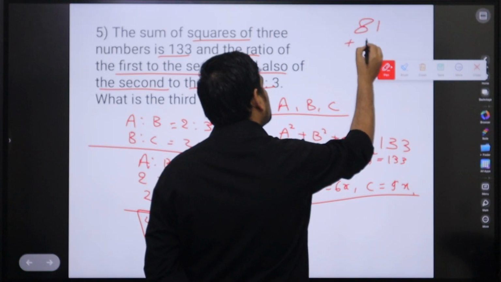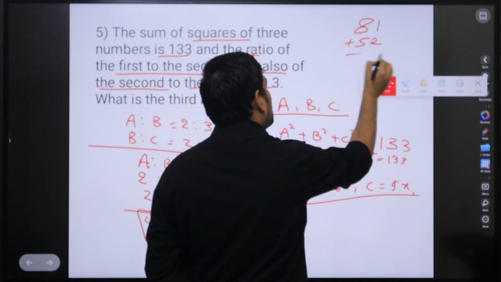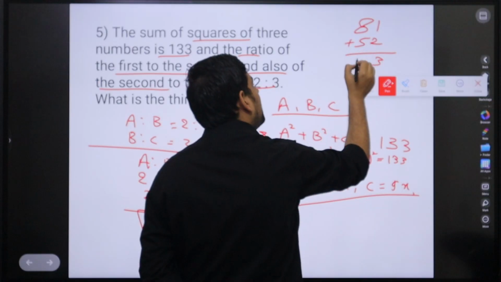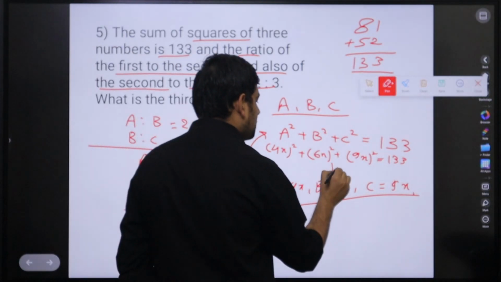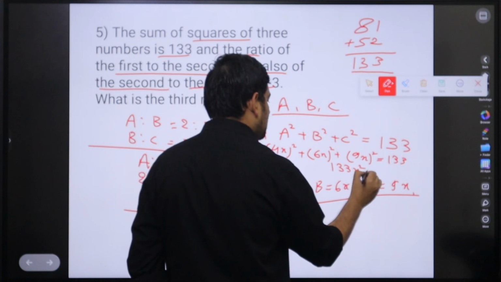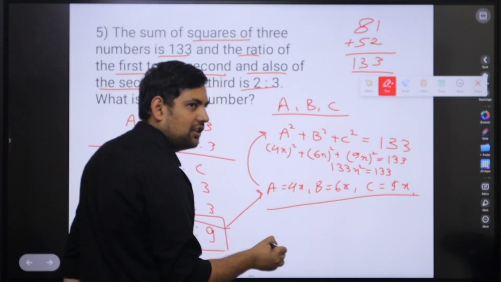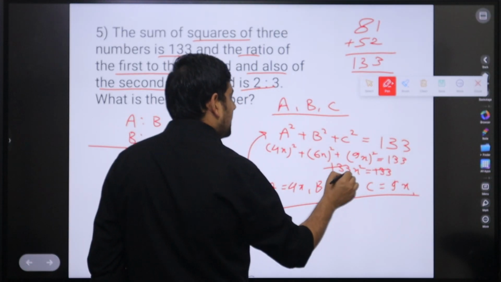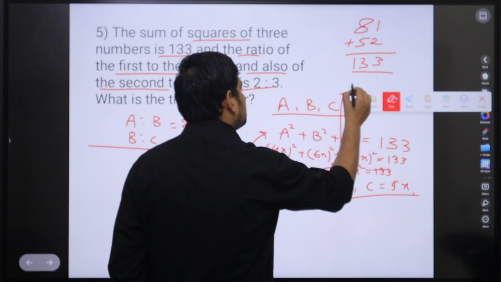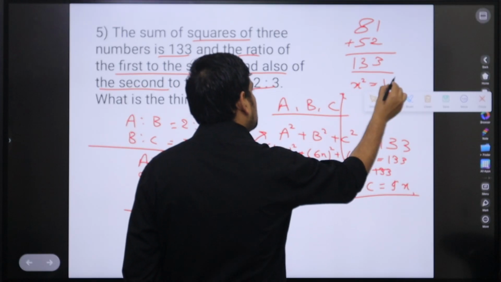So 81 plus 52, what do you get? 8 plus 5, 13. So you get 133 only. So what you got is 133 x square is equal to 133. 133 and 133 cancel out. What you get is x square is equal to 1.